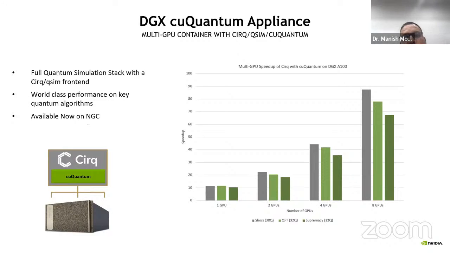These are for a single node with 8 GPUs, and you see the speed up relative to the CPU only run for the same algorithm. We took the same algorithm, ran it only on CPU, then ran with GPU, and with 1 GPU we get almost 10x speed up, for 2 GPUs 20x, and so on. For 8 GPUs, we get between 65 to 80x speed up. So this gives a significant speed up.